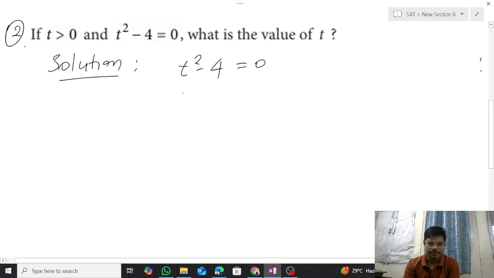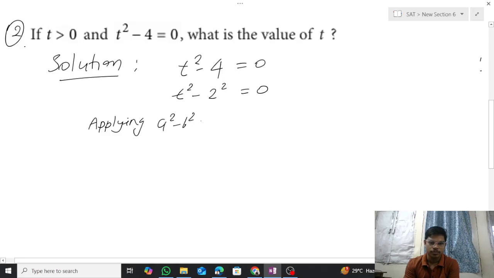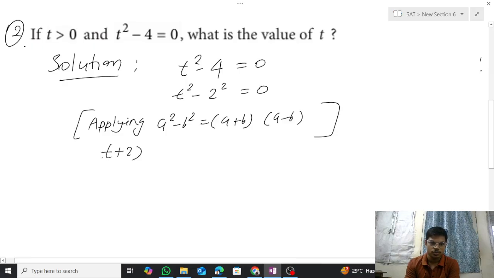Firstly, I'm writing t square minus the square of 2 is equal to 0. Now I'm applying the formula a square minus b square is equal to a plus b times a minus b. This is t plus 2 and t minus 2, and by the formula it is going to be 0.